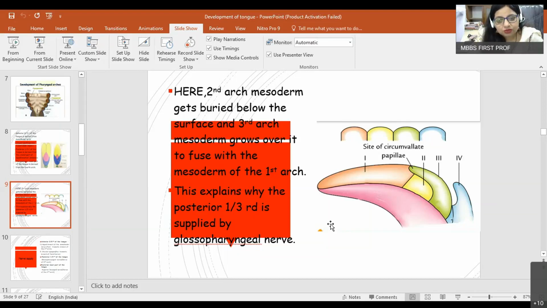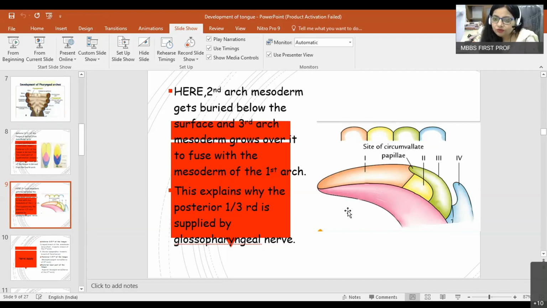Although you are very close, it's a branch of the trigeminal nerve. Anyone else? Mandibular nerve. Yes. So the trigeminal has 3 divisions. What are they? Ophthalmic division, maxillary division, and mandibular division. Very good.